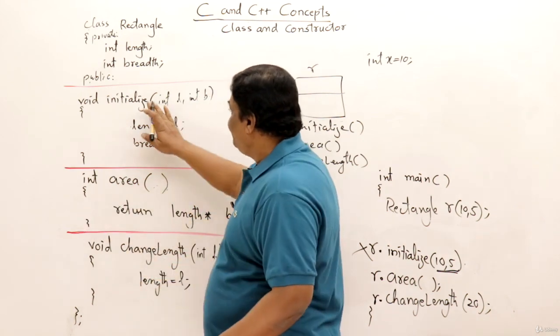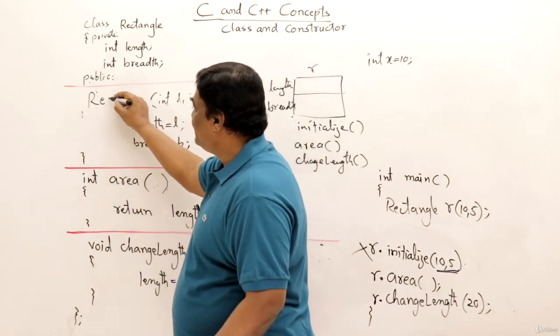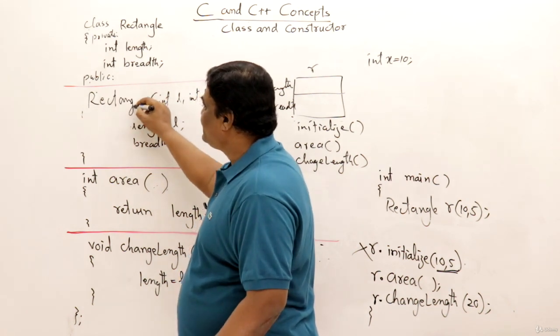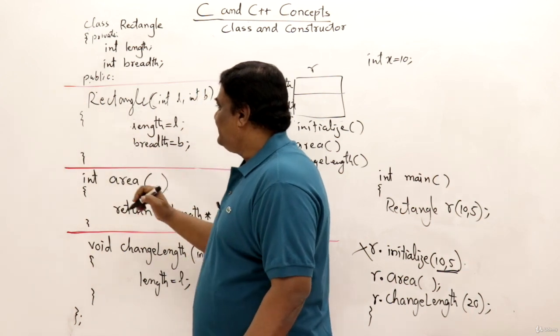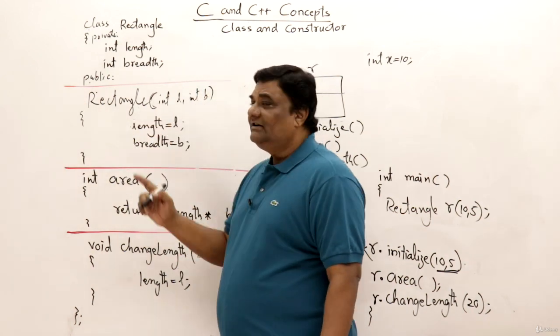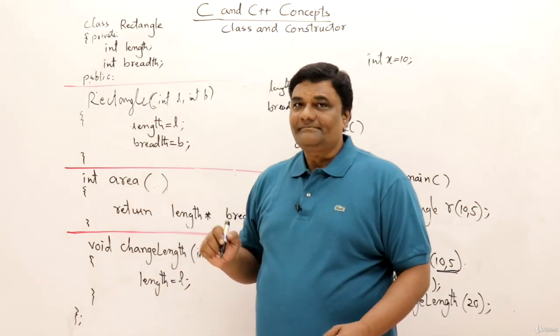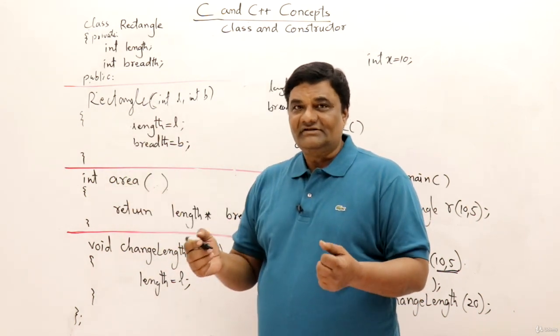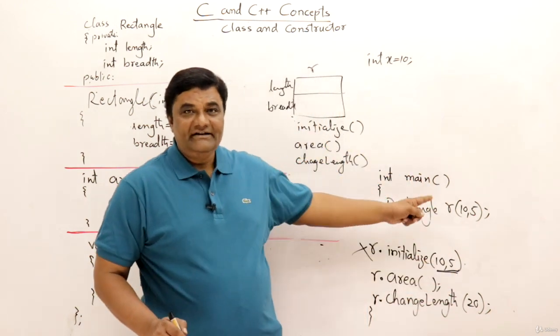So yes, same initialize function, I will change the name. I will call it rectangle. What is this? This is same as class name and no need of void or anything. Just write class name. This is having same name as class name, so this becomes a constructor. Yes, this is a constructor. This will be automatically called whenever we are creating an object.